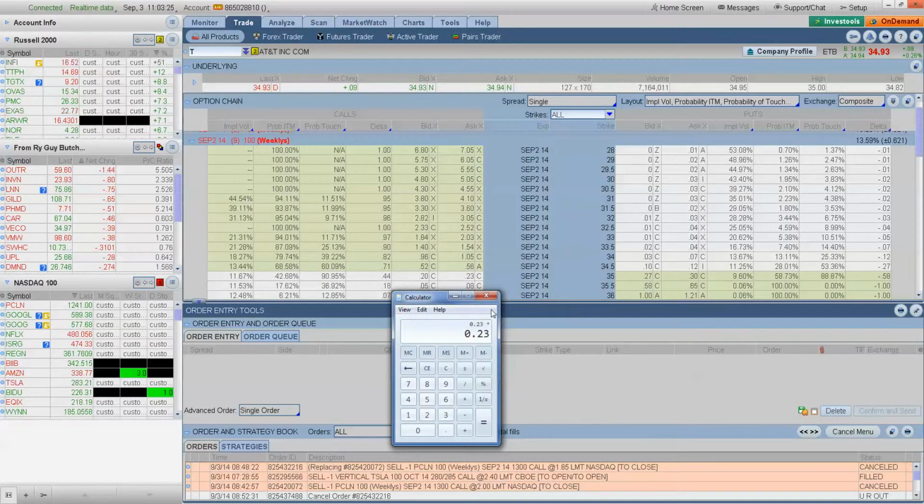If I was doing 1,000 of these, so times 10, that's $230 I'm collecting. So for $34,000, I'm still not collecting what we'd be collecting in Tesla at $400.